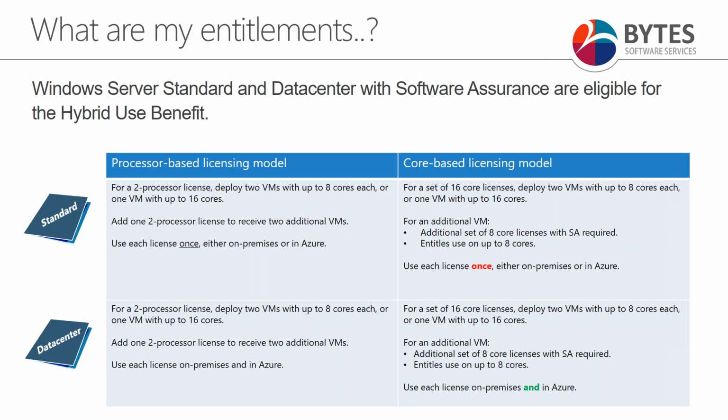So you can continue using Windows Server Data Center on premises, and it gives you the rights to those 2 VMs in Azure with 8 cores each, or 1 VM with 16 cores. So if you've got active software assurance for Data Center and you're running workloads in Azure, it would make sense to enable the hybrid use benefit for those VMs because you've got the rights already today.